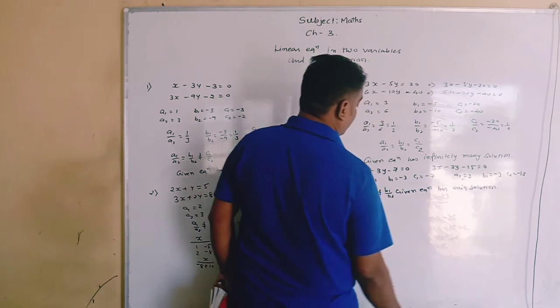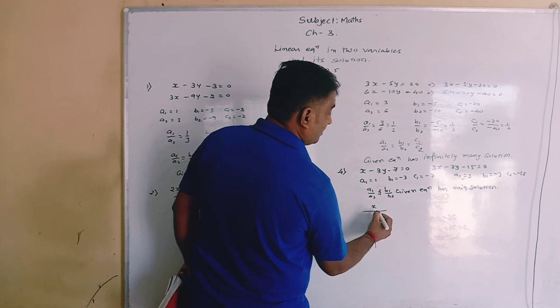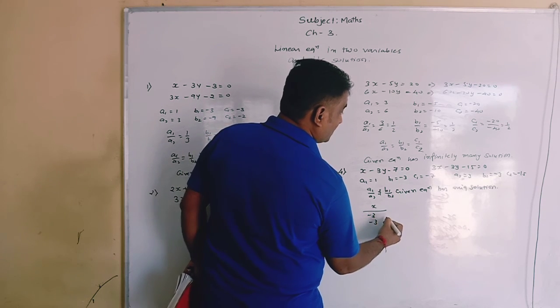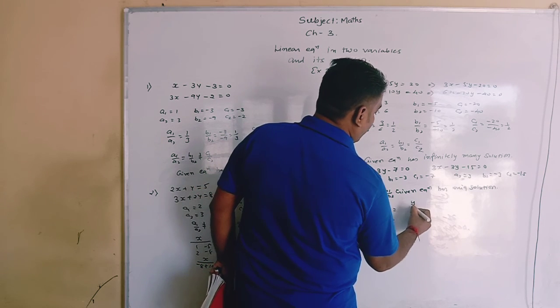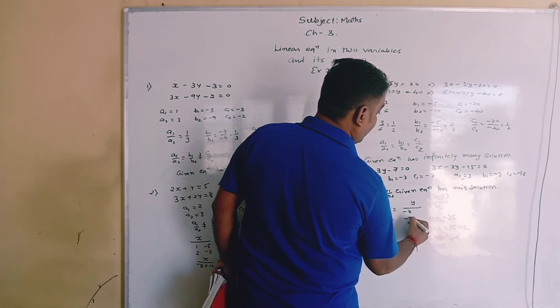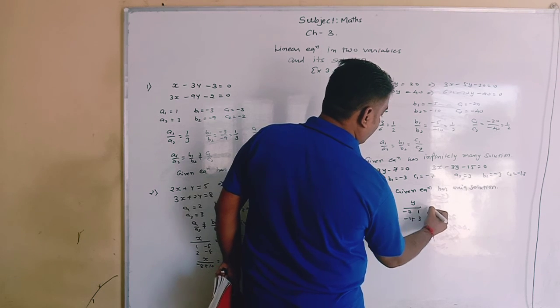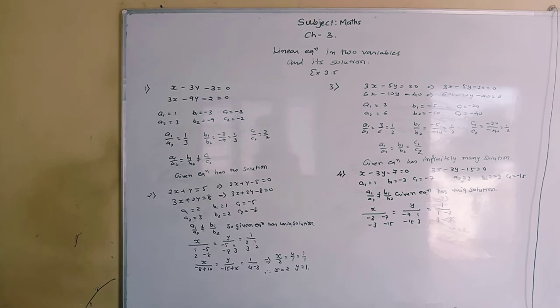As it has a unique solution, we can write x upon (minus 3)(minus 15) minus (minus 3)(minus 7), y upon (minus 7)(3) minus (minus 15)(1), and 1 upon (1)(minus 3) minus (3)(minus 3).